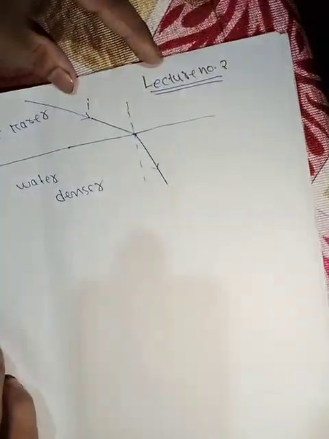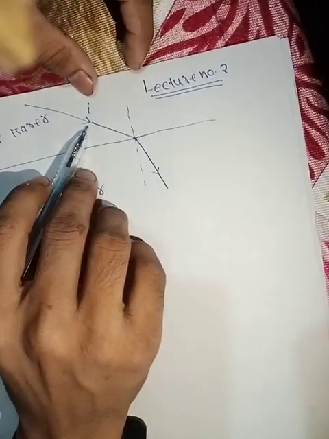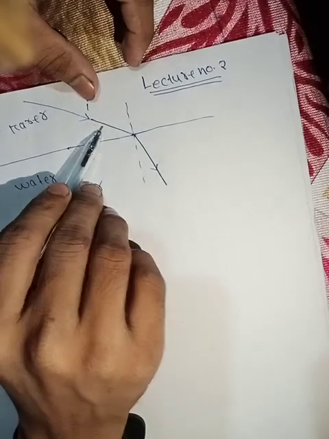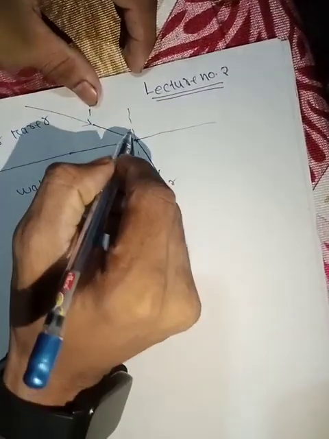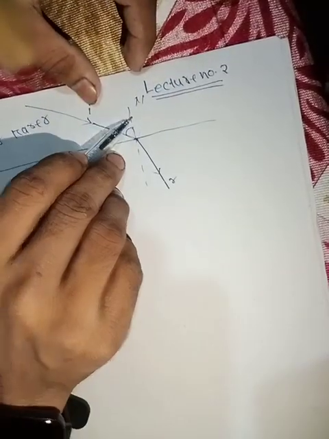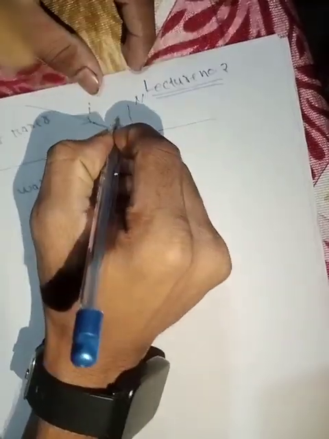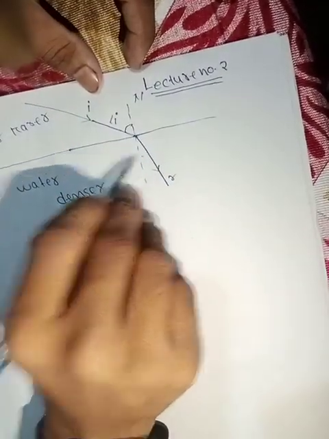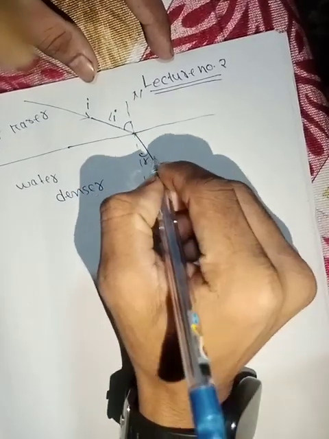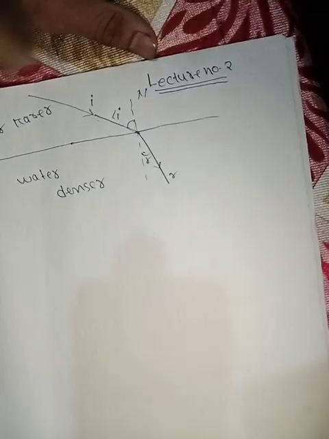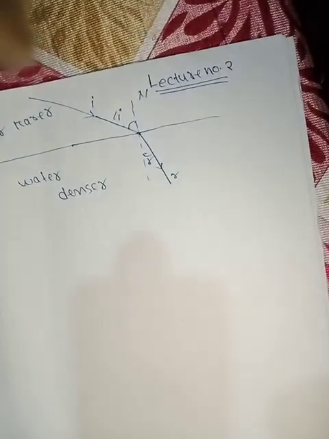This is called the incident ray, and this is called the refracted ray. The angle between the normal and the incident ray is called the incident angle, and the angle between the refracted ray and the normal is known as the refraction angle. This phenomenon is known as refraction.